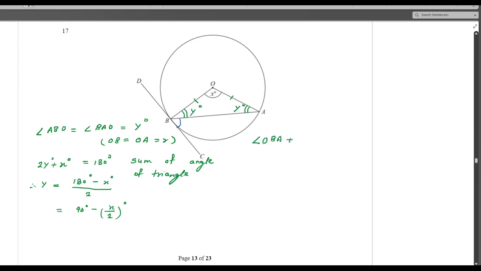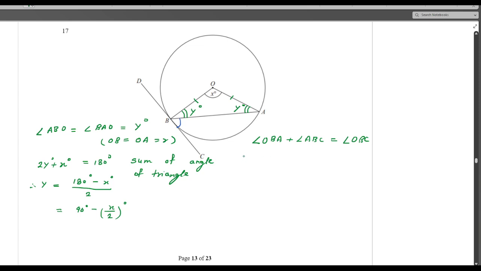Your angle OBA plus your angle ABC, the sum is going to be 90 degrees. The reason is tangent is perpendicular to radius, so this is your angle OBC.